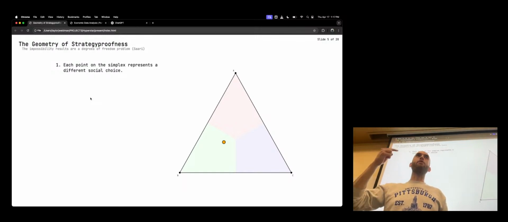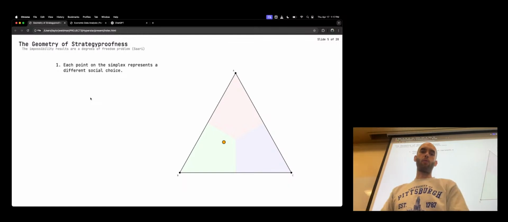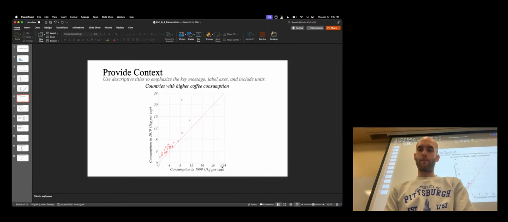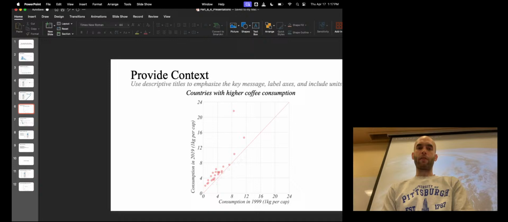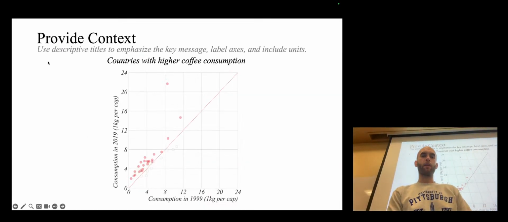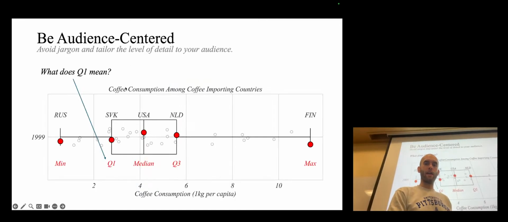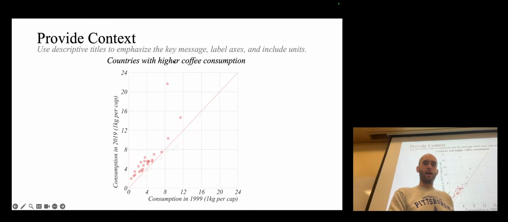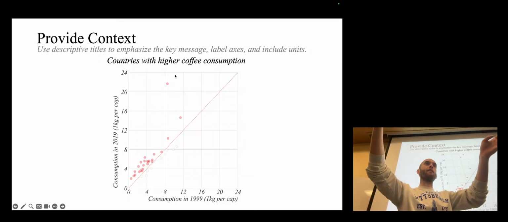What you're aiming to do, it's a difficult thing to do, but what you're aiming to do is give appropriate context for your project. So the background detail. So for example, in this figure, I've used descriptive titles, I've used axis labels, and then units. So I have a title at the top, so I'm telling you what we're looking at.